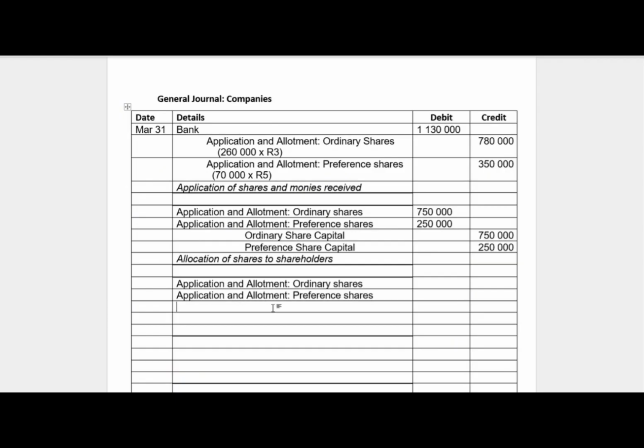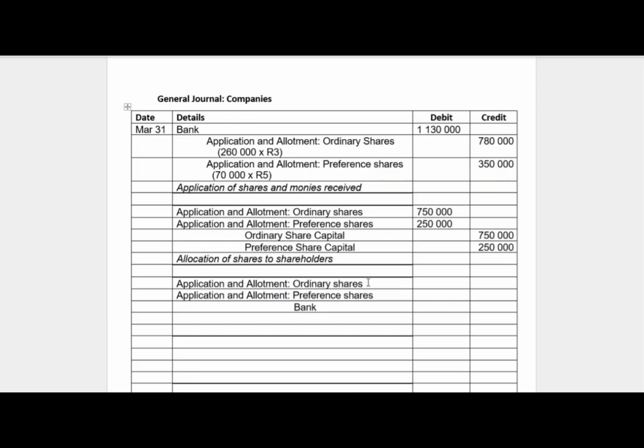And then because you are making a refund, you are making a payment, you credit bank, because there's a decrease in bank, you credit bank right there. All right, so now remember, they applied for ordinary shares worth 780,000 rand, but you are only allocating 750.